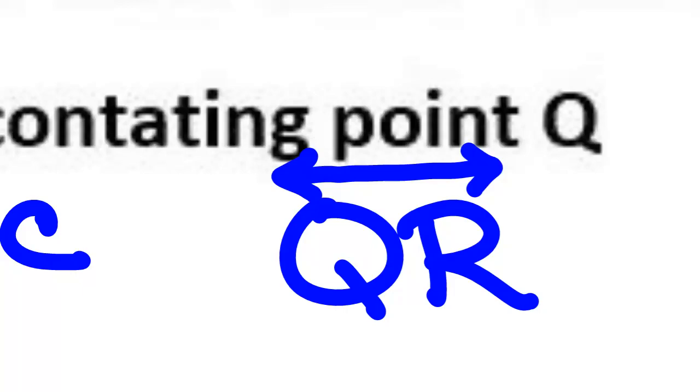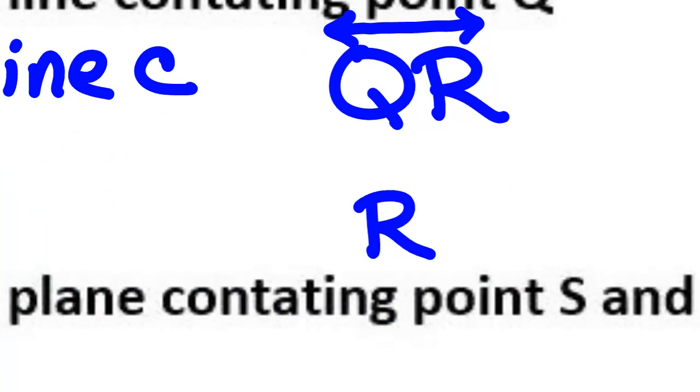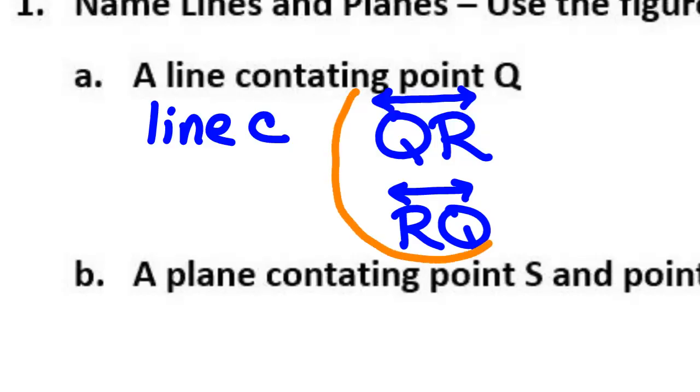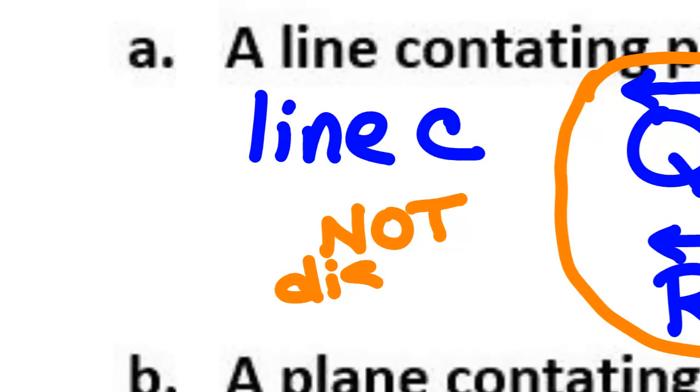Okay. We can also switch those 2 letters around. So instead of QR, it could be RQ. Now, when I just switch the letters around, we say that that is not distinct.